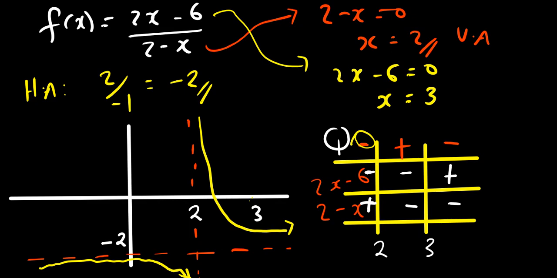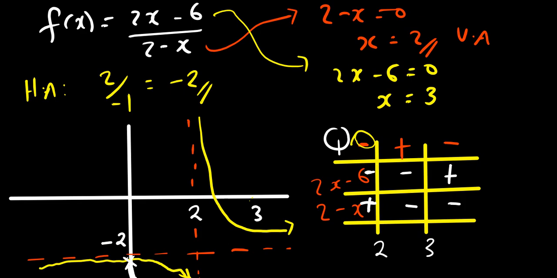I'm sure you notice something here. It's cutting the y-axis here, so we have to find the y-intercept. At the y-intercept, x is equal to 0. If you place 0 everywhere, you're going to get -6 over 2, which is -3.